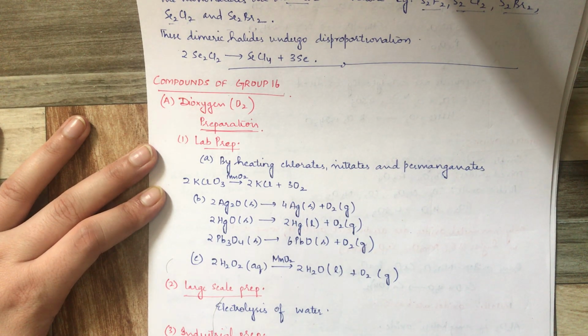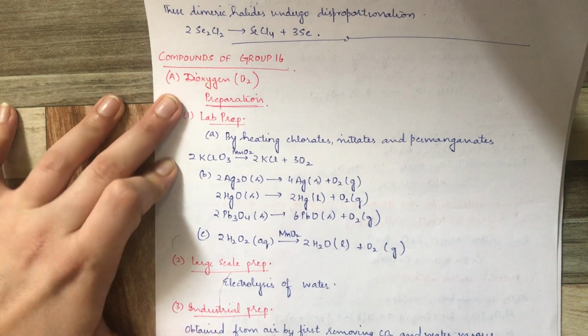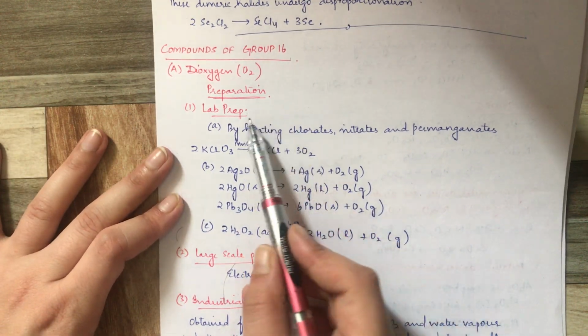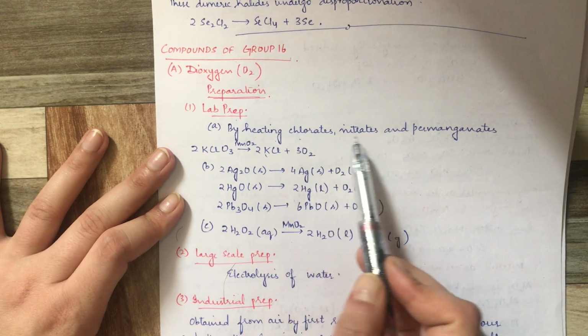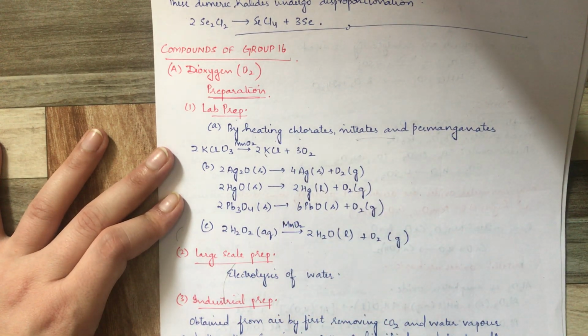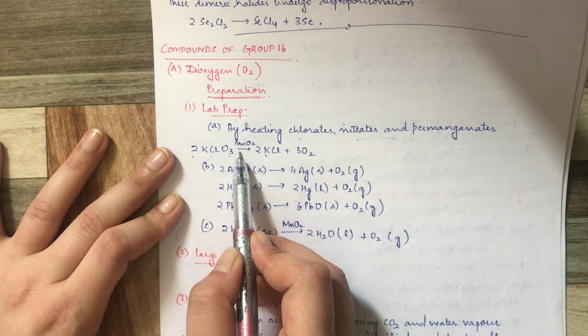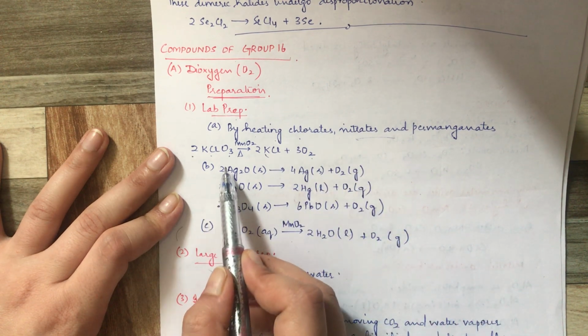Among the compounds of group 16, we talk first about dioxygen, O2. Its lab preparation can be done by heating chlorates, nitrates and permanganates, which have a high quantity of oxygen. Suppose KClO3: on heating it decomposes to give KCl plus O2.